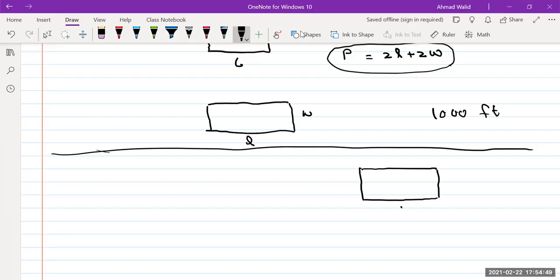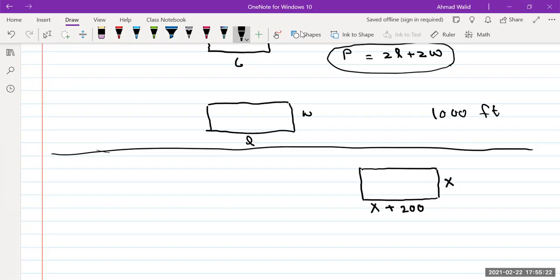But they don't give you how much the width is. If you don't know how much, choose a variable for your width. How much is the width? X. Now, how much is the length? You are writing this side in terms of this side.